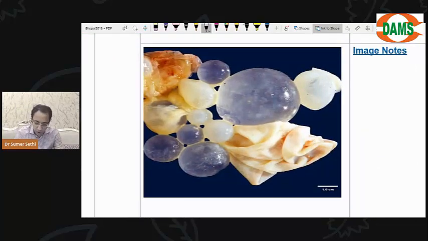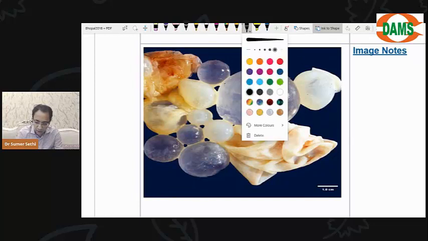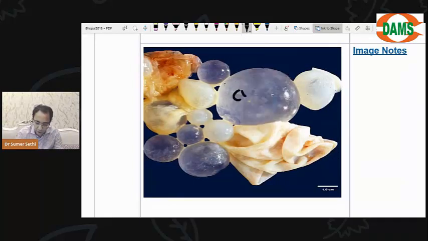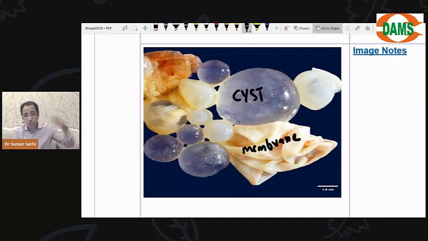Now, what do you see in the next pathological image? Again, you might have seen the same image in your microbiology class. These are cysts. These are membranes. Are you aware of any infective cyst which has multiple membranes?